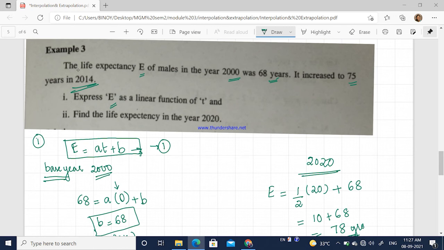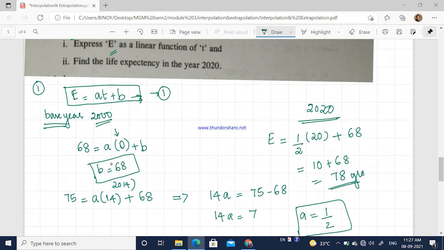So, according to the first statement, the life expectancy of male in 2000 is 68. So, 68 is equal to A into 0 plus B because it is 2000. It considers 2000 as the base year, so it is 0. From that equation, we got the value of B, that is 68.